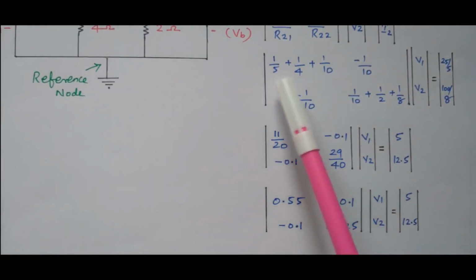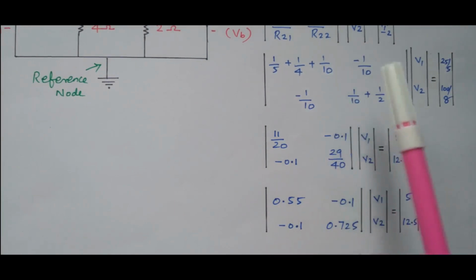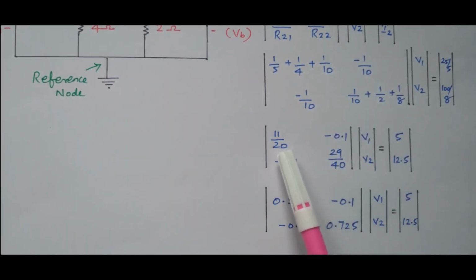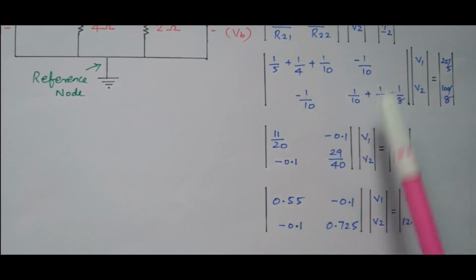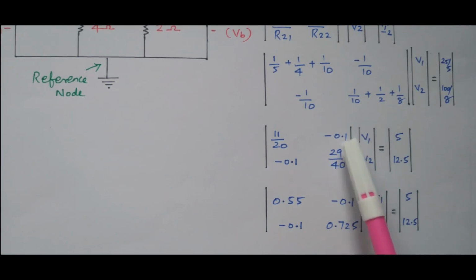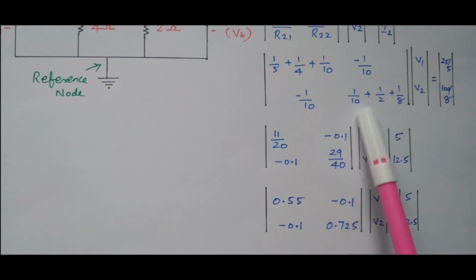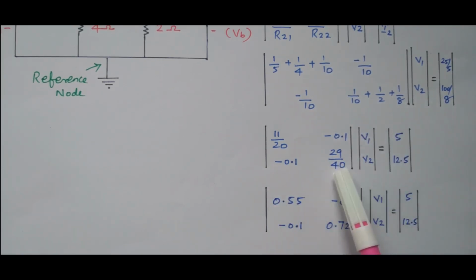So 1 by 5 plus 1 by 4 plus 1 by 10 is simplified as 11 divided by 20, by taking the LCM. Minus 1 by 10 is minus 0.1. 1 by 10 can be written as 0.1, so minus 0.1. This is also minus 0.1. By simplifying this, after taking the LCM, we got 29 by 40.